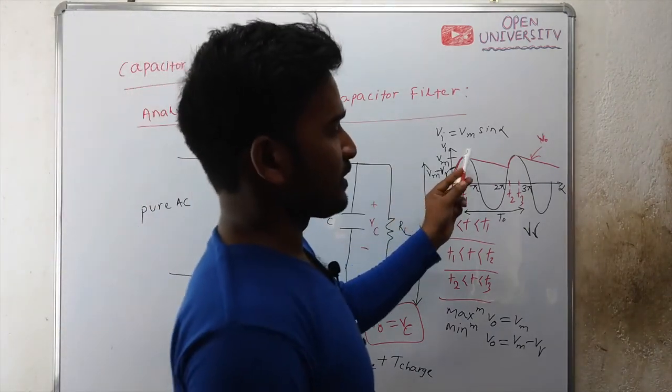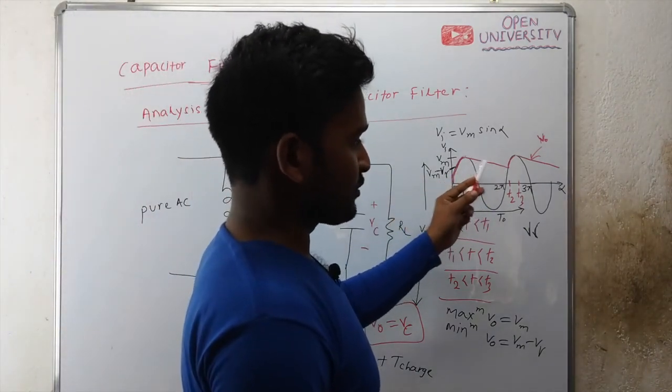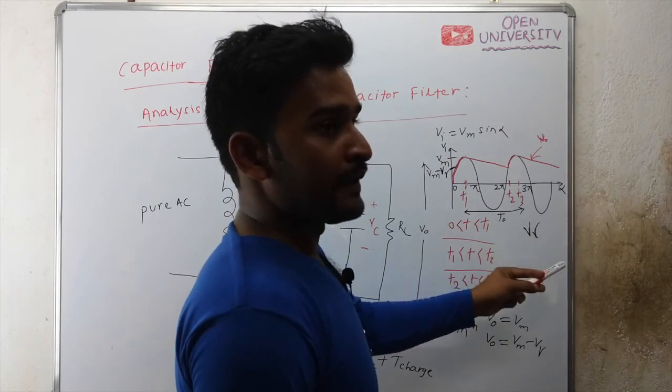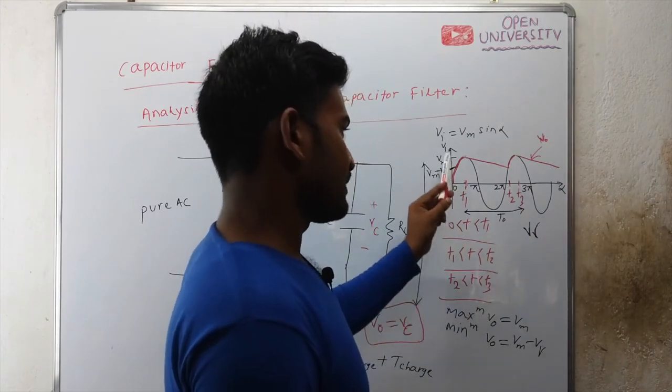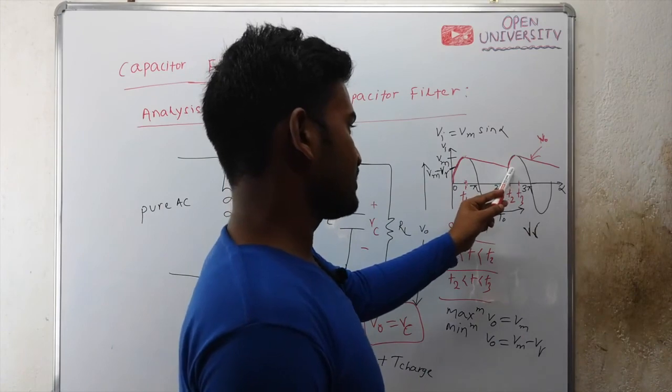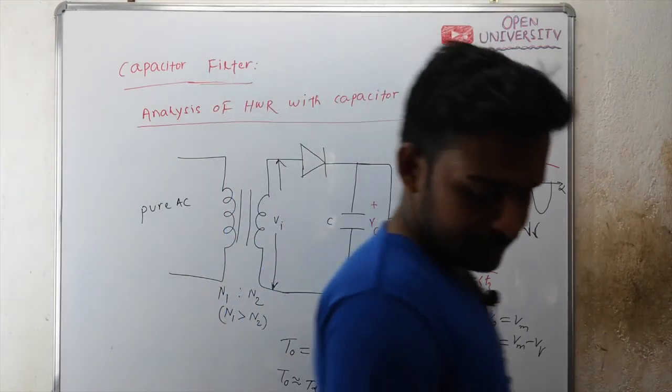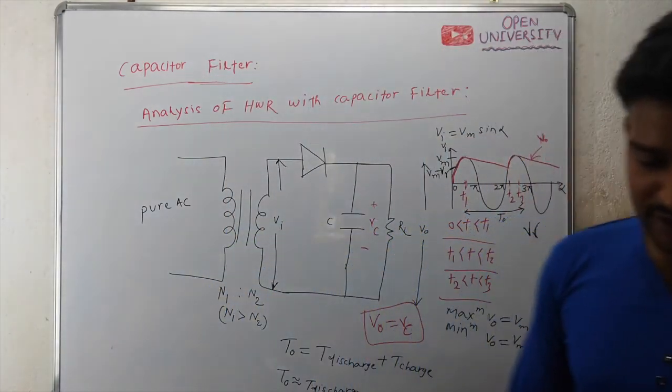During the discharge interval, the capacitor voltage is reduced by an amount Vr, so at this point it becomes Vm minus Vr. What is Vr?